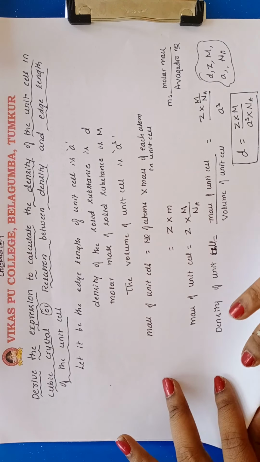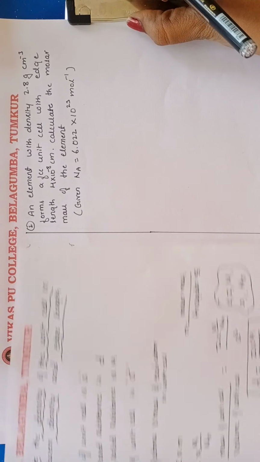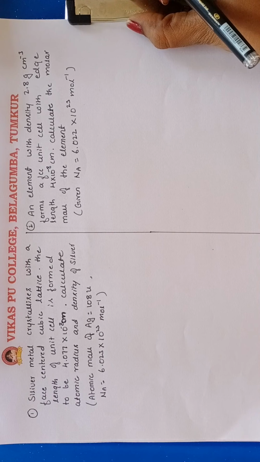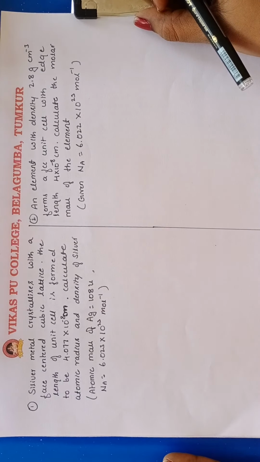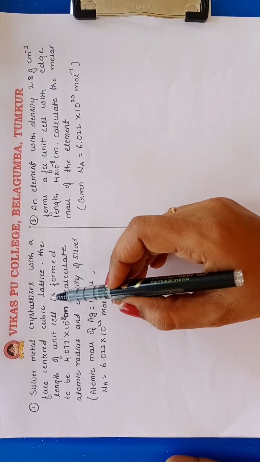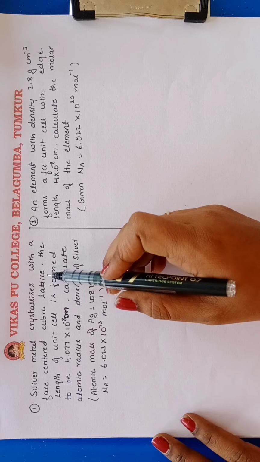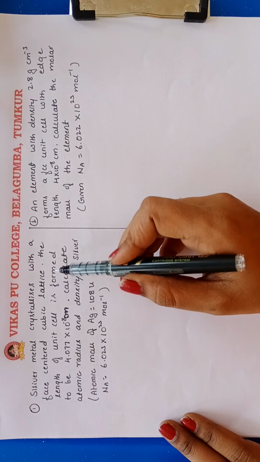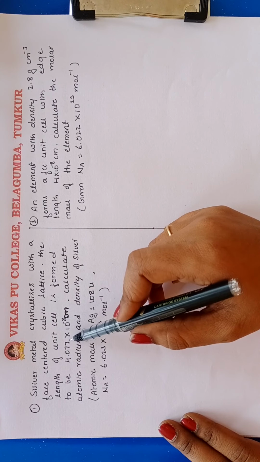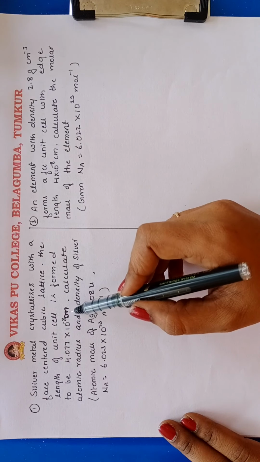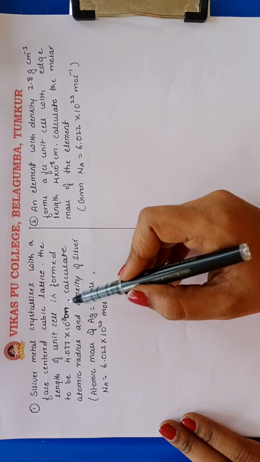Let's solve the problems. You can observe the first problem. Silver metal crystallizes with a face centered cubic lattice, that is FCC. The length of the unit cell is found to be 4.077 times 10 to the power of minus 8 centimeter, meaning the edge length.